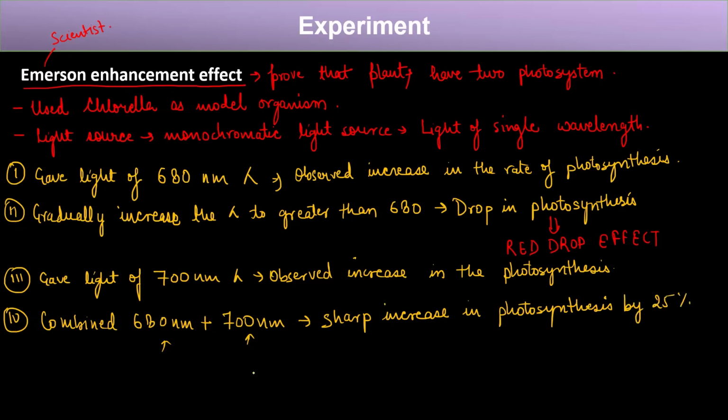Because there is enhancement in photosynthesis, this is known as the Emerson enhancement effect. And from this, he concluded that plants consist of two photosystems, one getting activated at 680 nm and another at 700 nm. So this is the Emerson enhancement experiment that proves that plants have two photosystems.